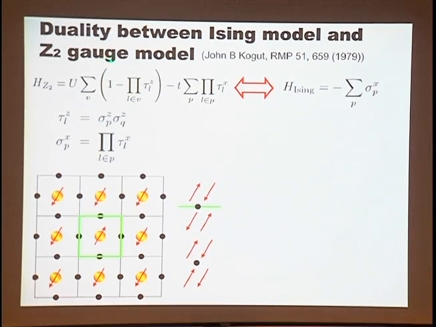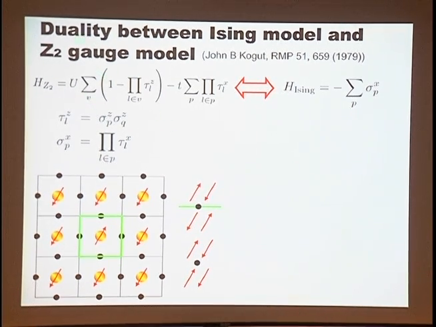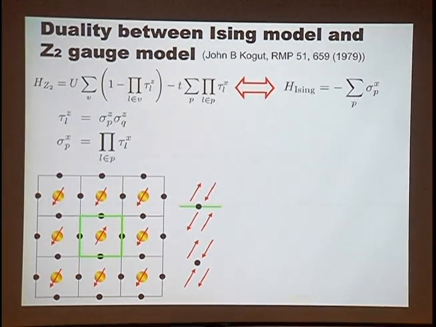I put this term here, and you can easily check that this term just commutes with that term. In some notation, people call this model the toric code. But the gauge theory is not a local Hilbert space, so I put this term here just to make it local. Because these two terms commute, in the infinite U limit, if you look at the low energy spectrum of this term, it is completely the same as this term.